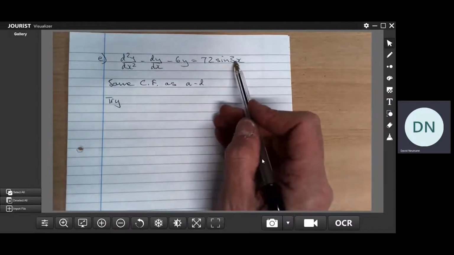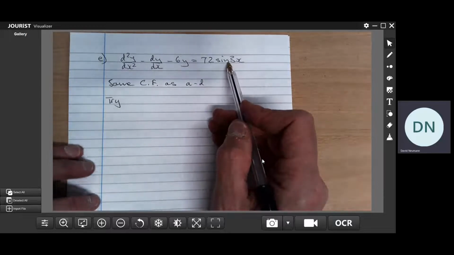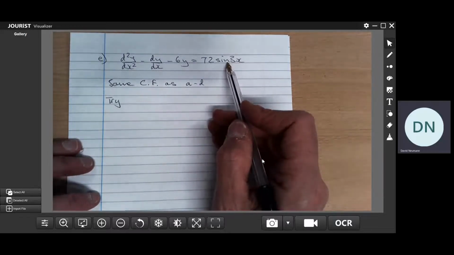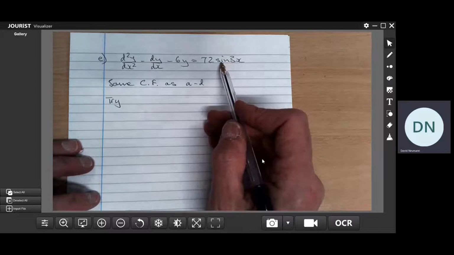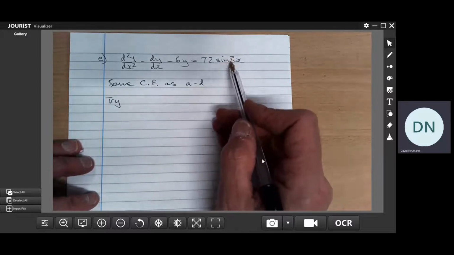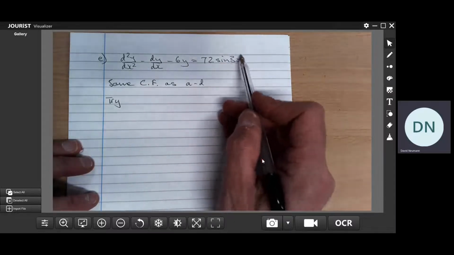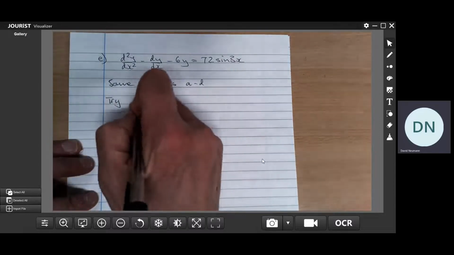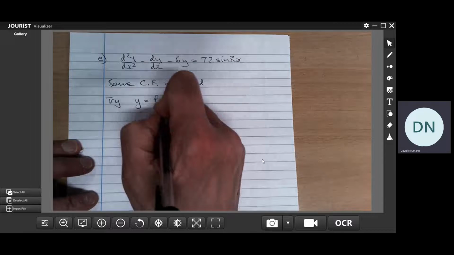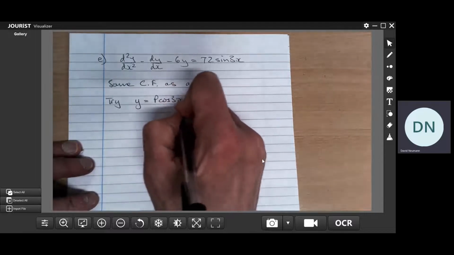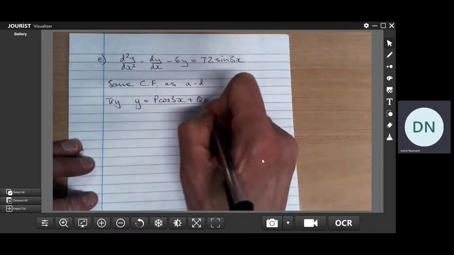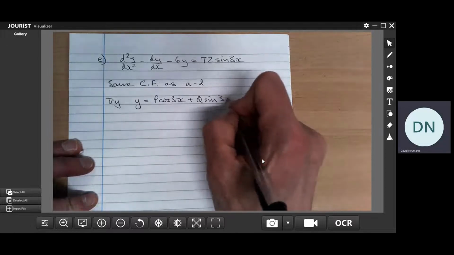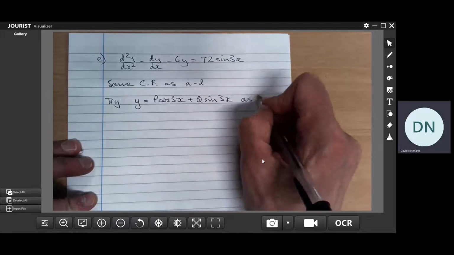If we've got a trig function here, then we're going to try a combination of sine and cosine of the same thing, so sine of 3x and cos of 3x. So we're going to say try y equals p cos of 3x plus q sine 3x as our particular integral.